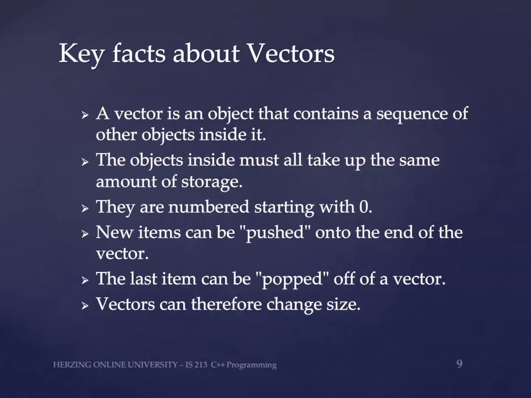Another key fact is that the last item can be popped off a vector, and vectors can therefore change size. Furthermore, we can find out the current size of a vector by calling the size function, like v.size(). And vectors can be empty.